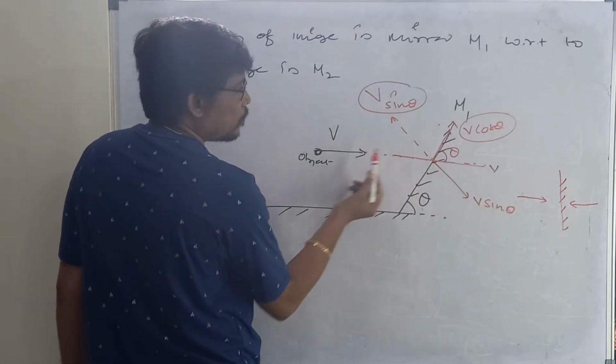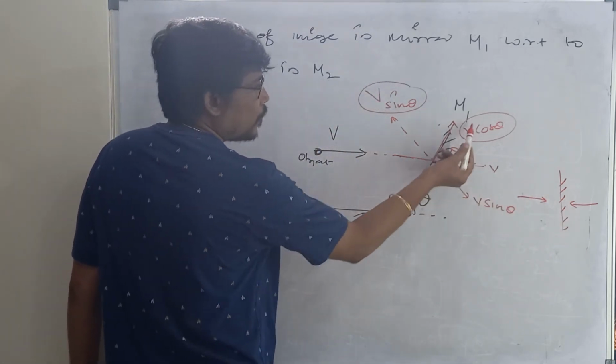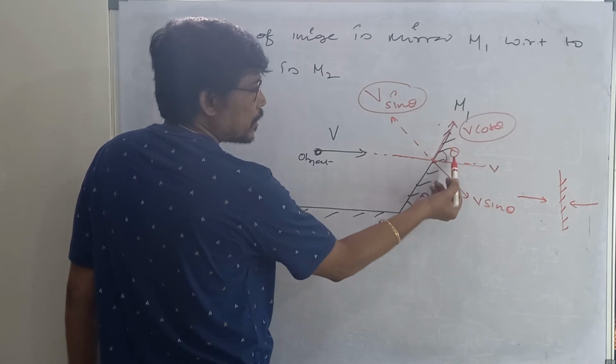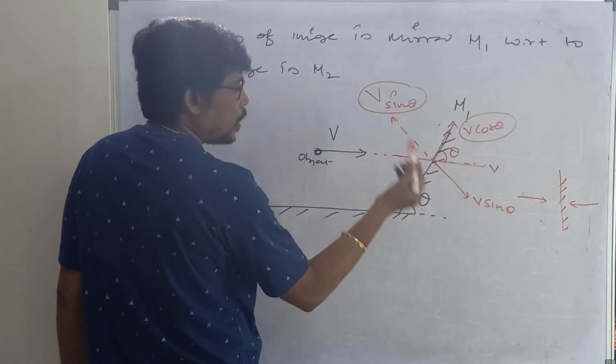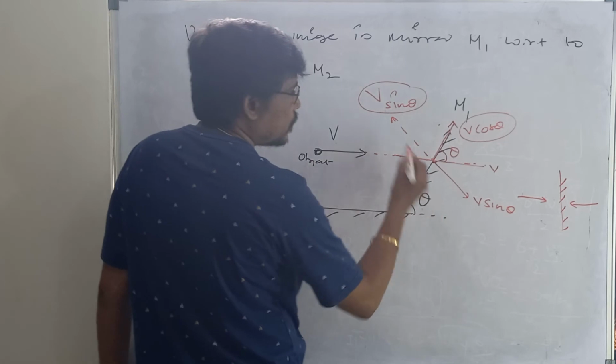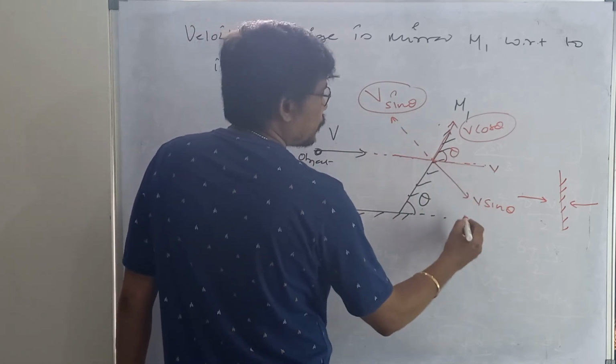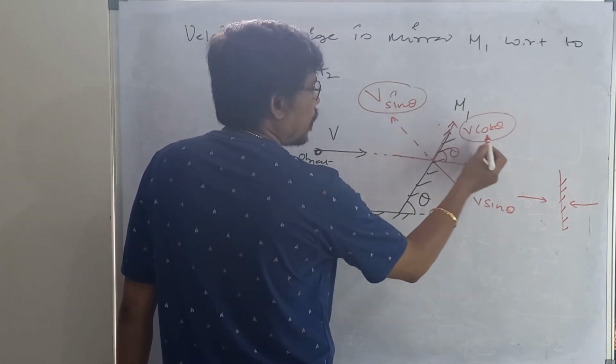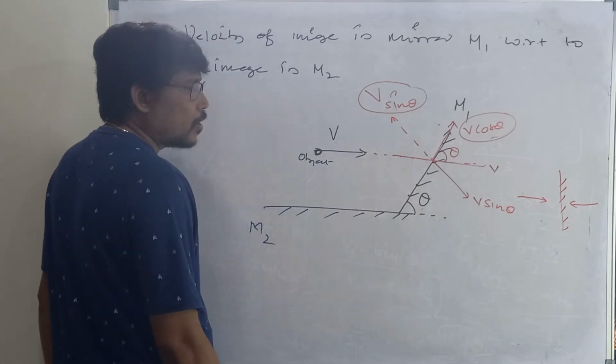Based on that concept, I resolved this v into v cos theta and v sin theta, because this is theta. So with respect to M1, I can write v sin theta, v cos theta.